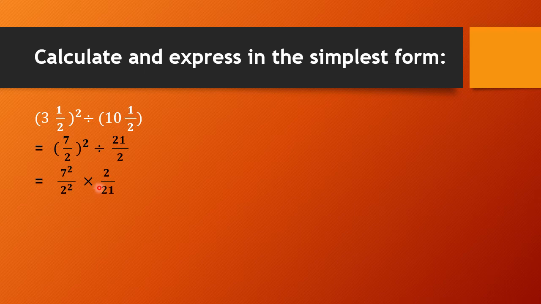Instead of 21 over 2, it will be 2 over 21. After that, 7 power 2 is 49, and 2 power 2 is 4, times 2 over 21. After that, we will simplify and we will get 7 over 6.